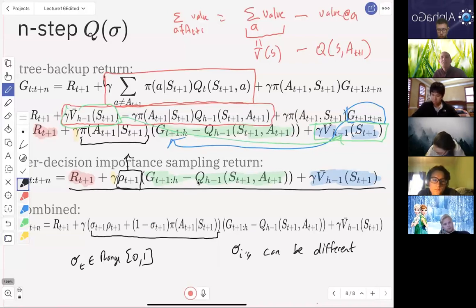In that case, for the times that we do know what the behavior policy probabilities are, we have a rho, and therefore we can take sigma to be 1 perhaps, or close to 1. On the other hand, when there are cases where we don't know the probabilities, then we'll go ahead and rely on the tree backup.